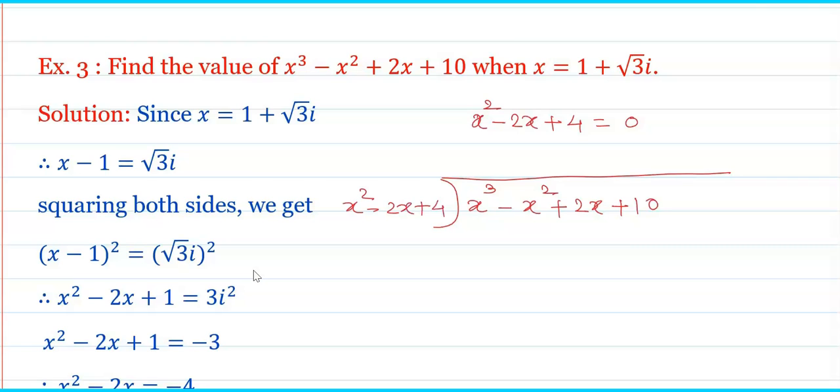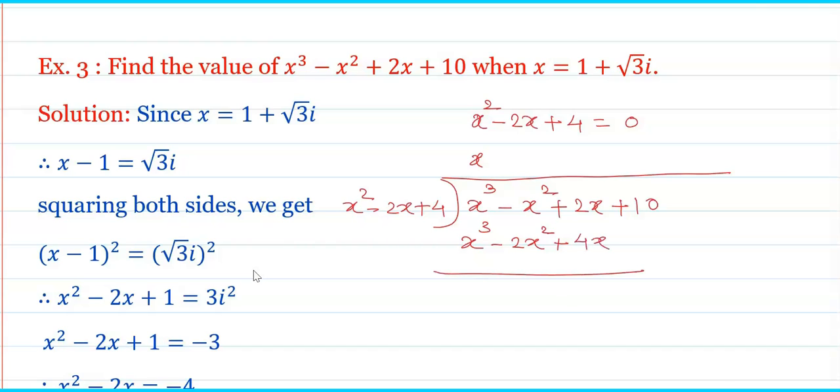Now consider the first term, x cube. What term should we multiply to this x square to get x cube? That is x. Then x into x square gives x cube. x into minus 2x gives minus 2x square. x into 4 gives 4x.